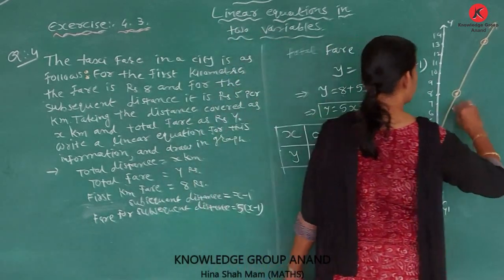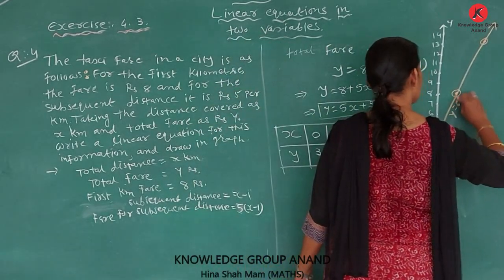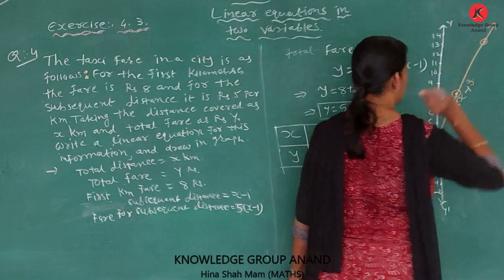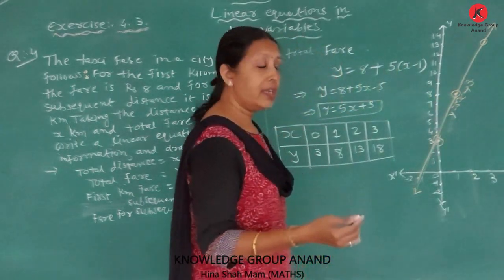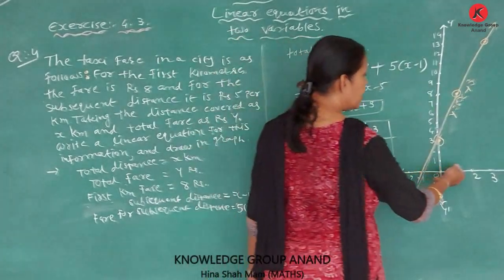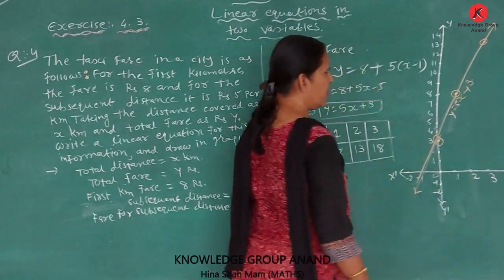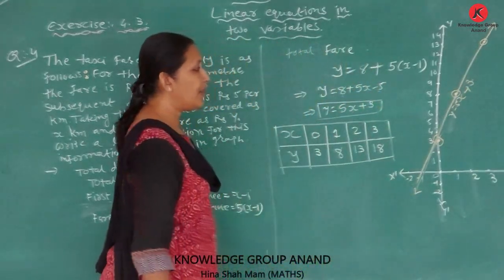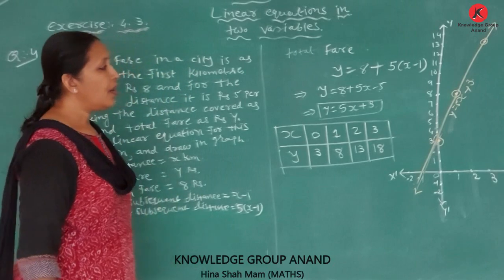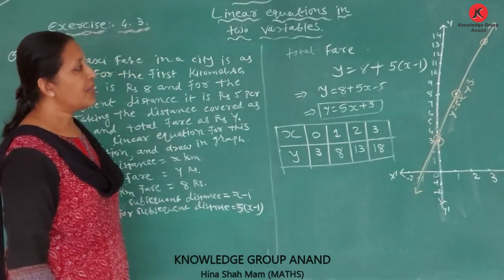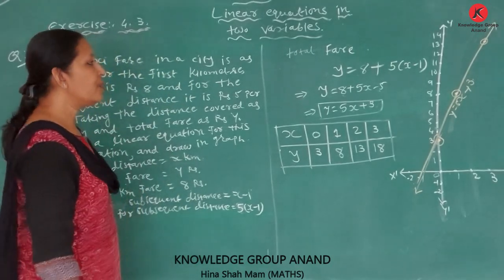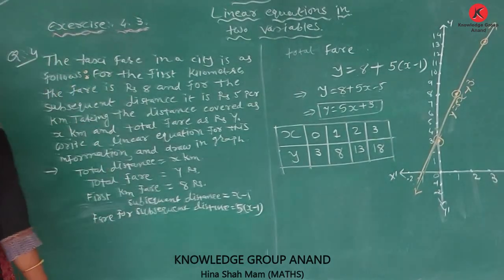y is equal to 5x plus 3. Take on the x-axis 1 cm equal to 1 unit, and on both axes 1 cm is equal to 1 unit.